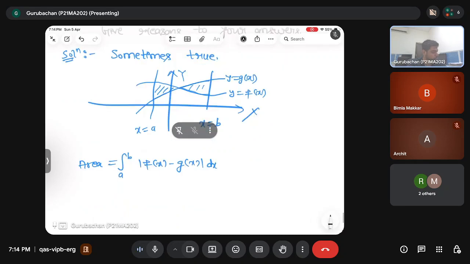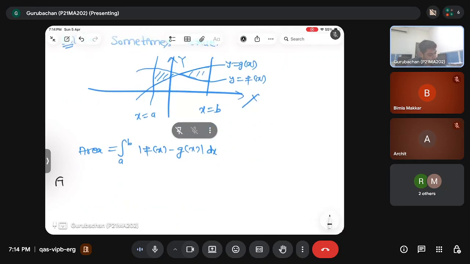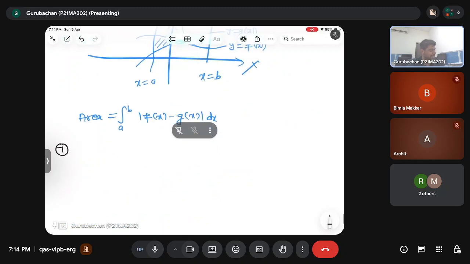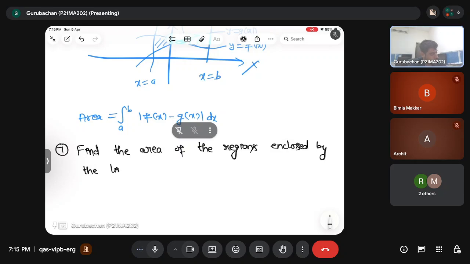So let us do some different kind of questions for calculating area, where you have to draw the enclosed region by yourself and calculate the area. I hope you can do these on your own. Find the areas of the regions enclosed by the lines and curves.